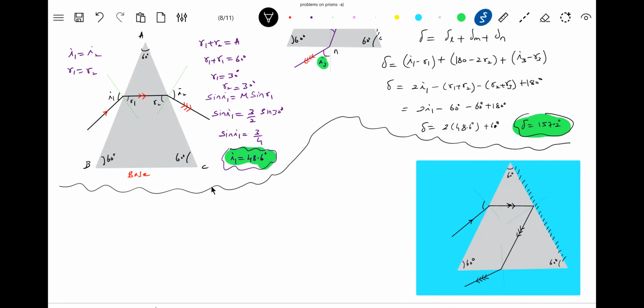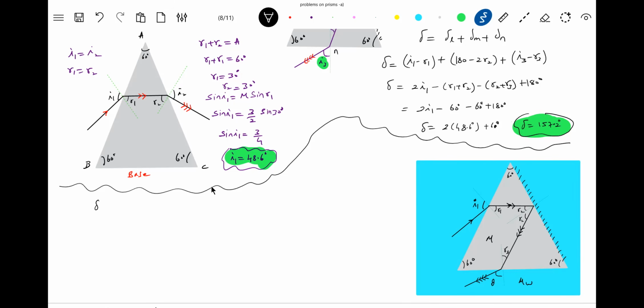The same angle I1, R1. The angle will not change, only R2, R3. This angle will change. I'll write theta. I1 will be as it is. Mu W it is.